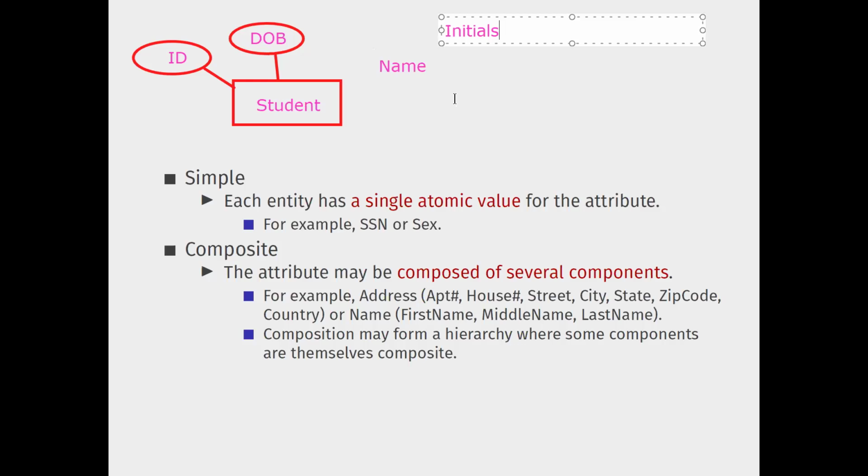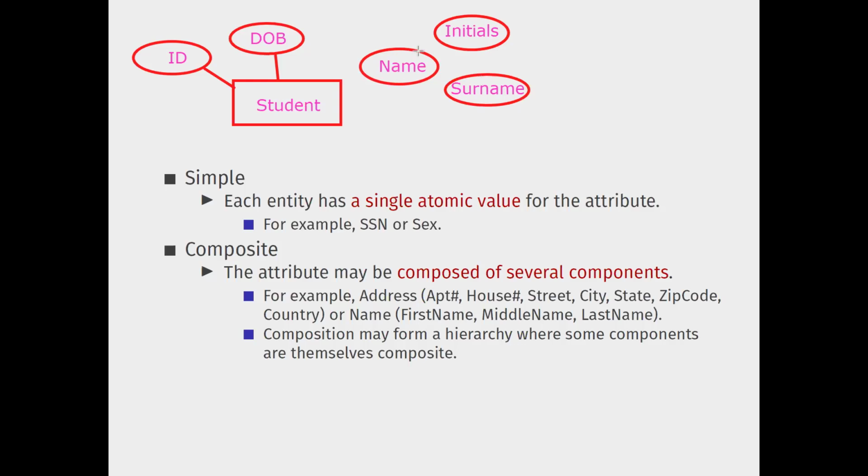Which means if you draw this using graphical representation, the name consists of two parts, right? What are the two parts?